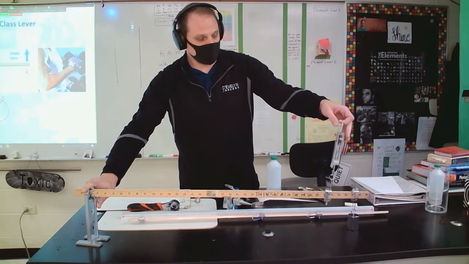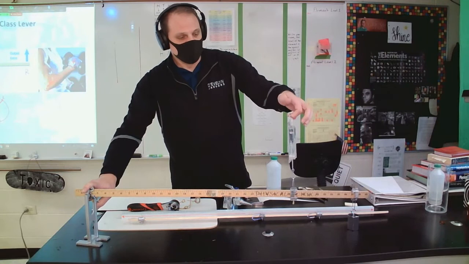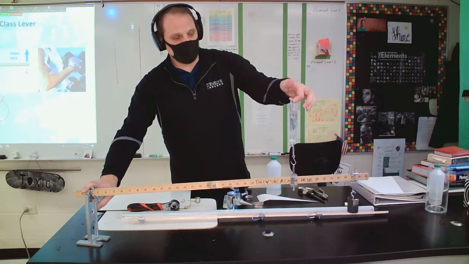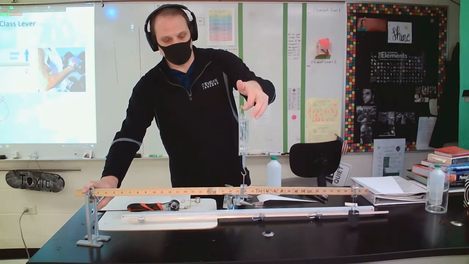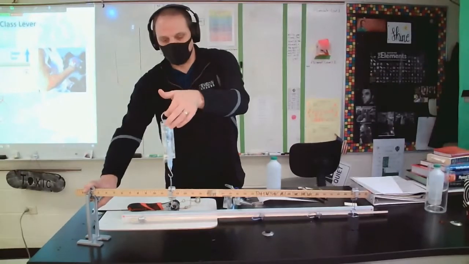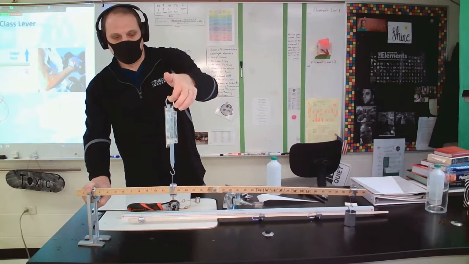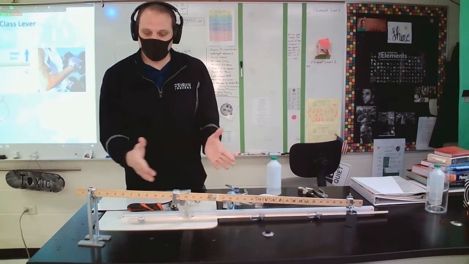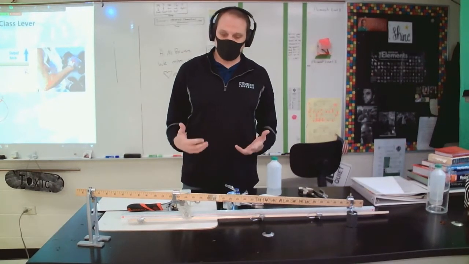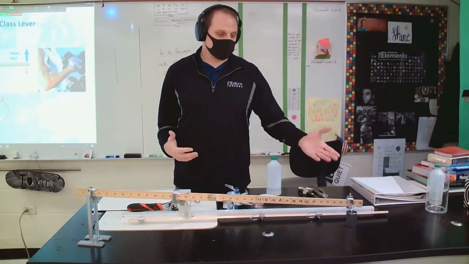Now, the further I go inside, the more I'm going. Like here, I'm at 8 newtons. Come in here. Here, I'm at 10 newtons, right? Come over here. Here, I'm at 19 newtons, okay? So the further I go in, the more I'm attached inside this, the more effort I've got to put into it to lift that little weight.